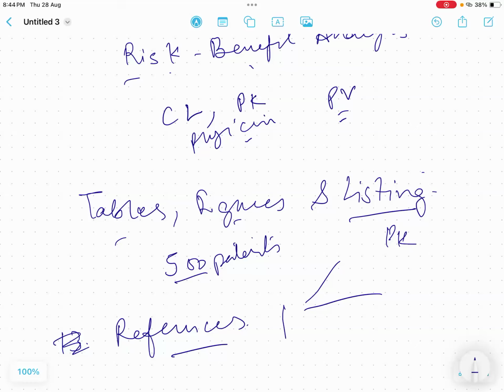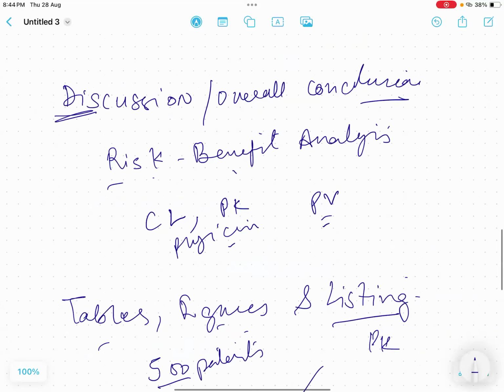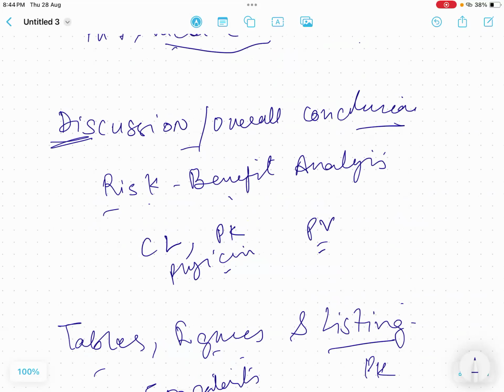Many of the references that you have used in the protocol are the same, correct? But additionally, maybe in the discussion and overall sections you have used some more new references, maybe some other pharma sponsor study that you have referred to, you will add here.